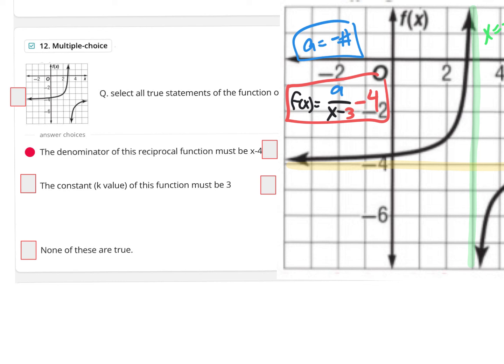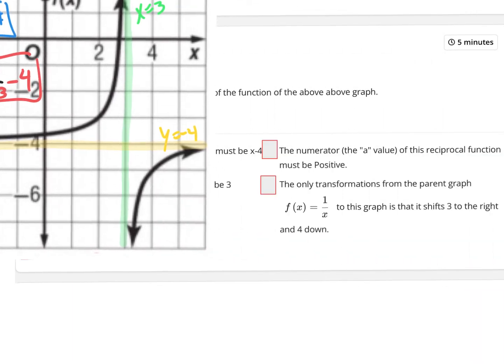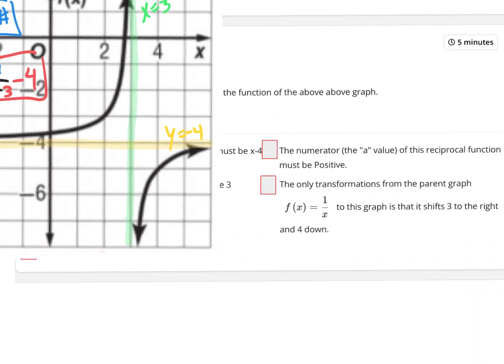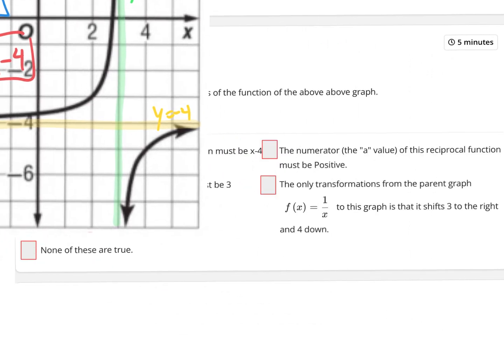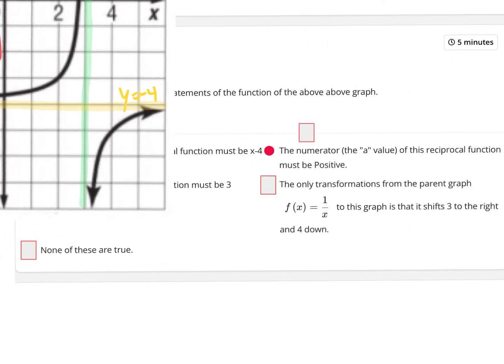So that's incorrect also. Let's look over here. It says the numerator, the a value of this reciprocal function must be positive. That's also false. Over here on our notes, we said that the a value has to be negative. So that's false as well.